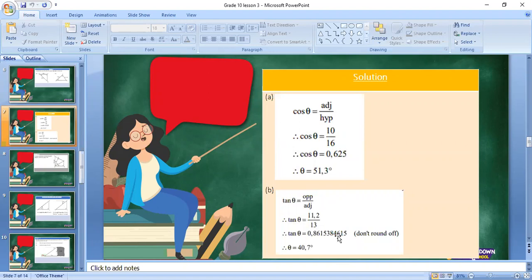Only approximate at the final end of your calculation. So even though it's a long answer, it's allowed.